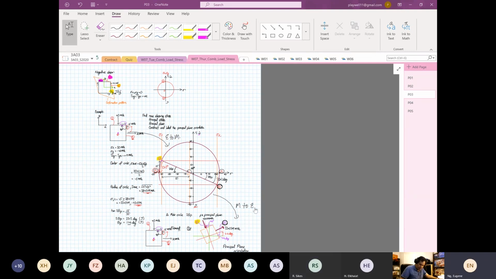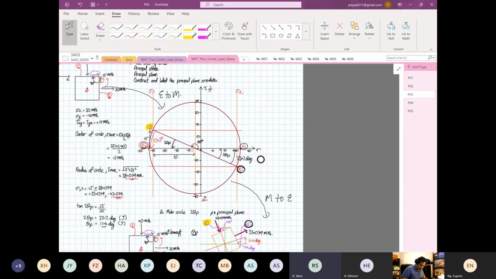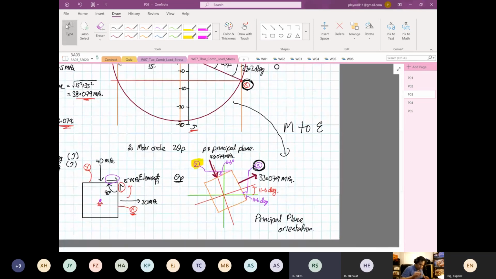Eugene. Yes. So is this angle, the principal plane orientation, basically saying that if we have a combined loading and we rotate our element or our whole situation to some certain degrees, then it will experience only normal stress, no shear?